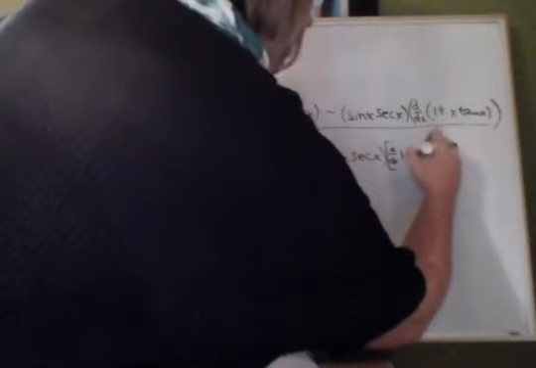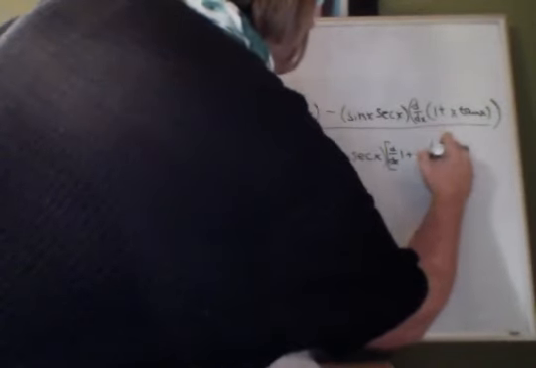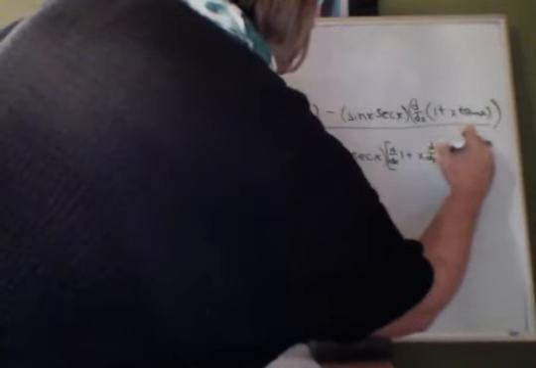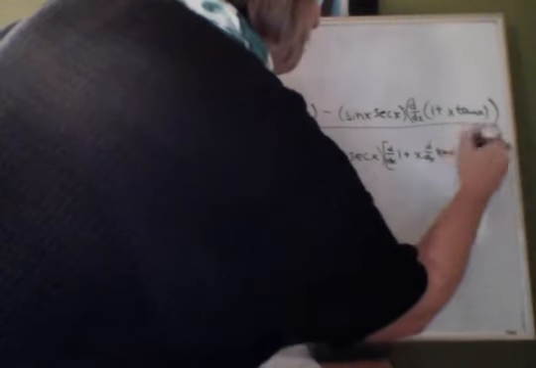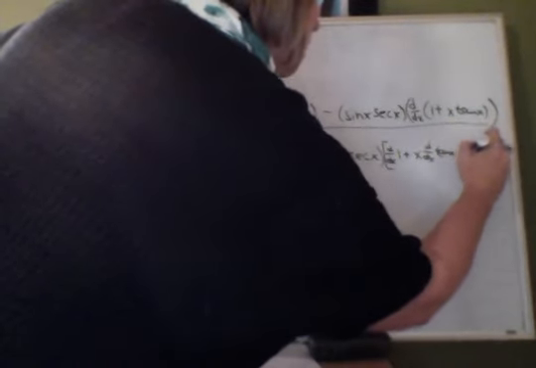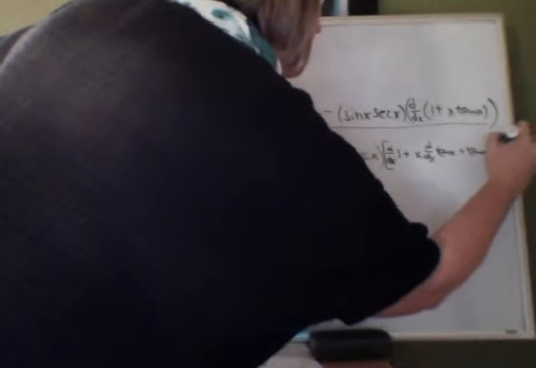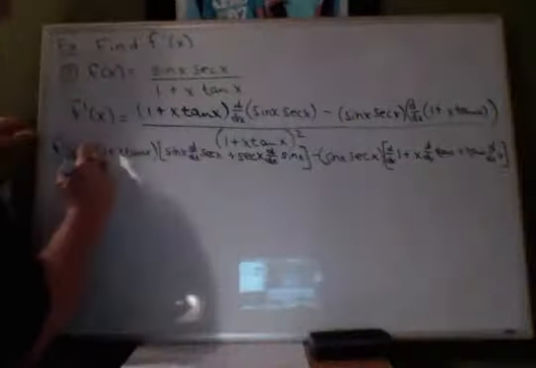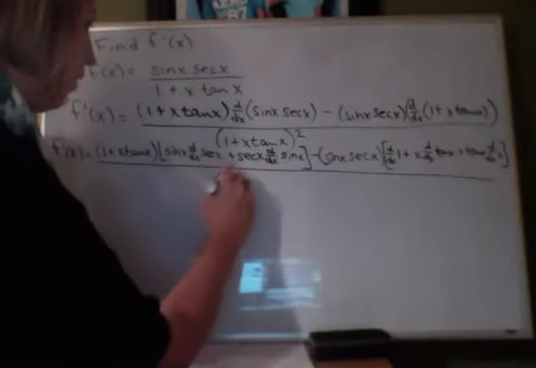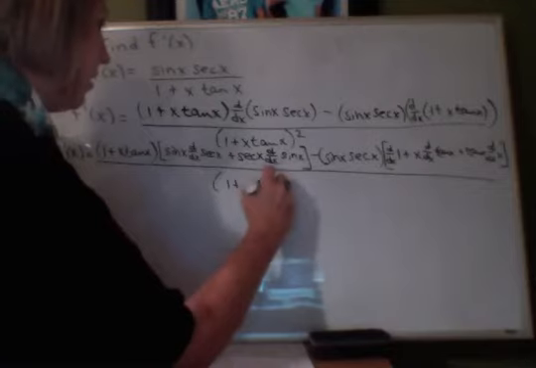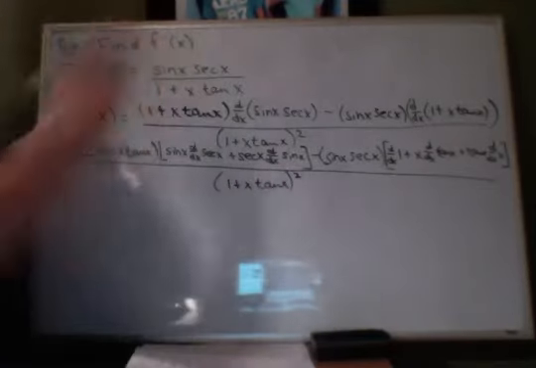So that's going to be x d dx tangent x plus tangent x d dx x. And of course, this is all divided by 1 plus x tangent x squared.